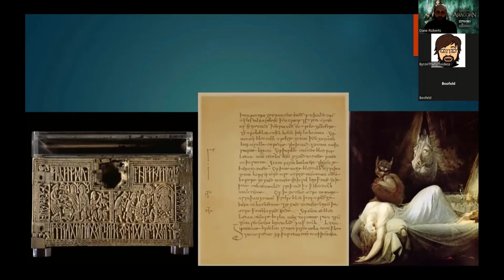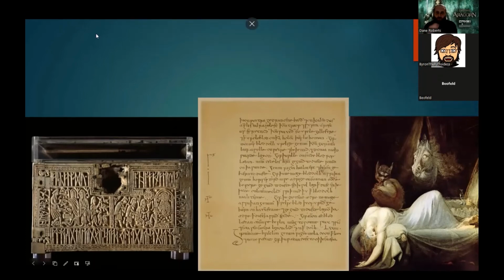And so there's a sort of deliberate nature to the inclusion of these particular herbs that makes it rather fascinating.